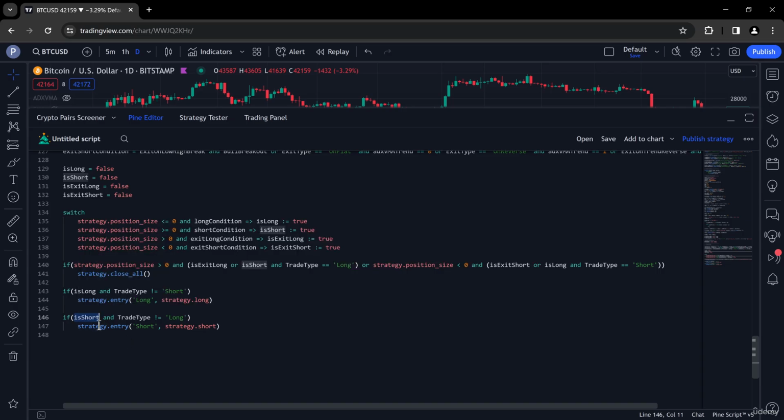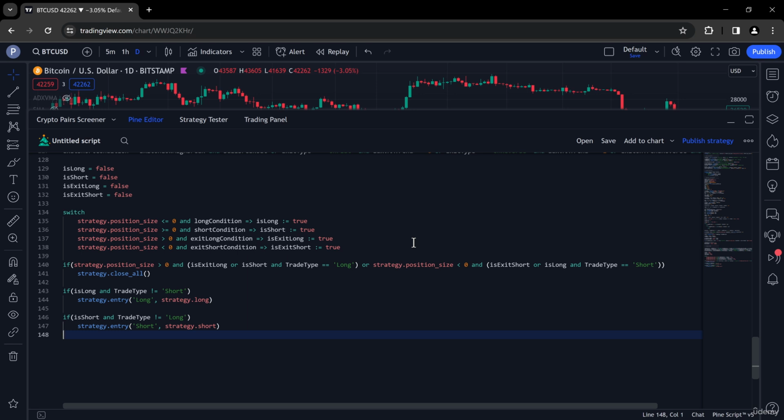We enter short position in this line, strategy.entry, but we enter it only when is short variable is true and shorts are allowed. Shorts are allowed when trade type is not long. So we have completed development of ADX VMA Trading Strategy.